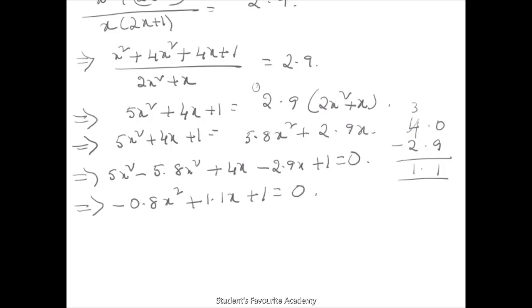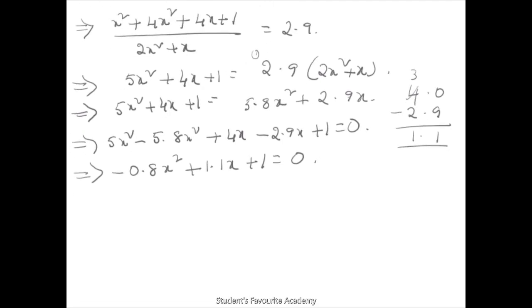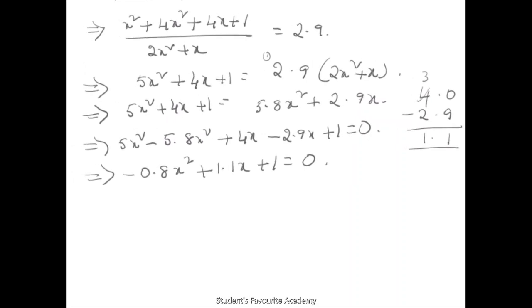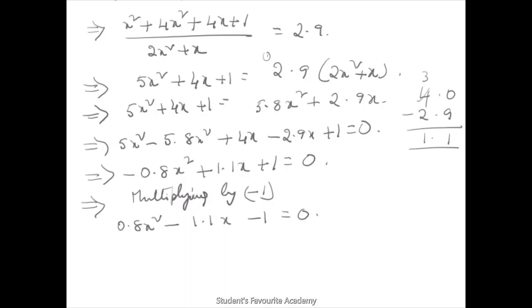Okay, so now throughout, first of all, if you multiply by minus 1, this negative sign will go away. So multiplying by minus 1, what do we get? 0.8x square minus 1.1x minus 1 is equal to 0.